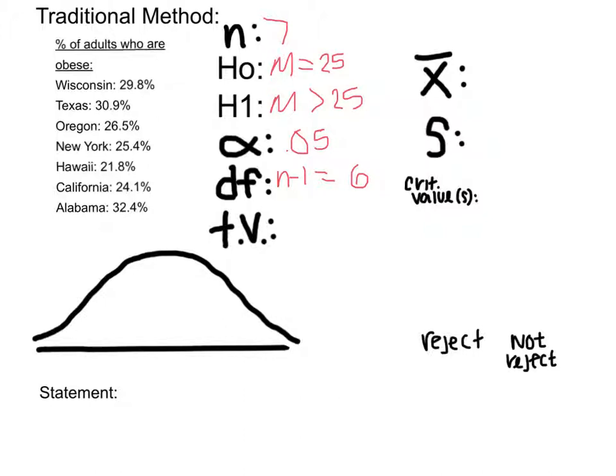To find x bar, you need to enter these values: 29.8, 30.9, 26.5, 25.4, 21.8, 24.1, and 32.4, all into list 1. Once you have all of those in list 1, you can go to F4 and click 1-var stats.